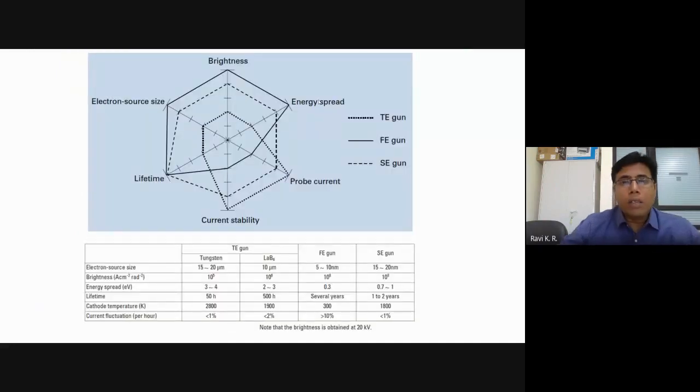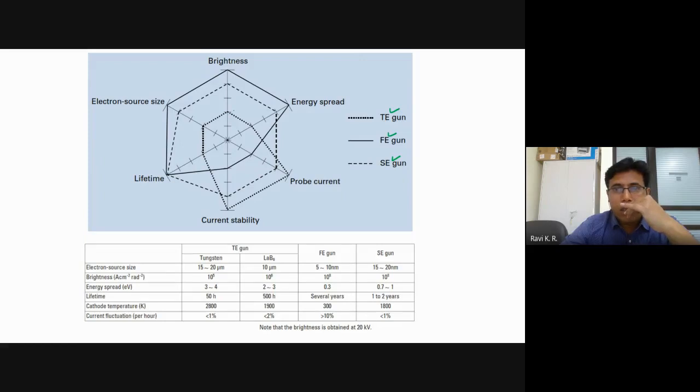Yeah, you can see the brightness point of view. These are different: this is a thermionic gun, this is a field emission gun, this is a Schottky gun. I think the cold FEG has the highest brightness.